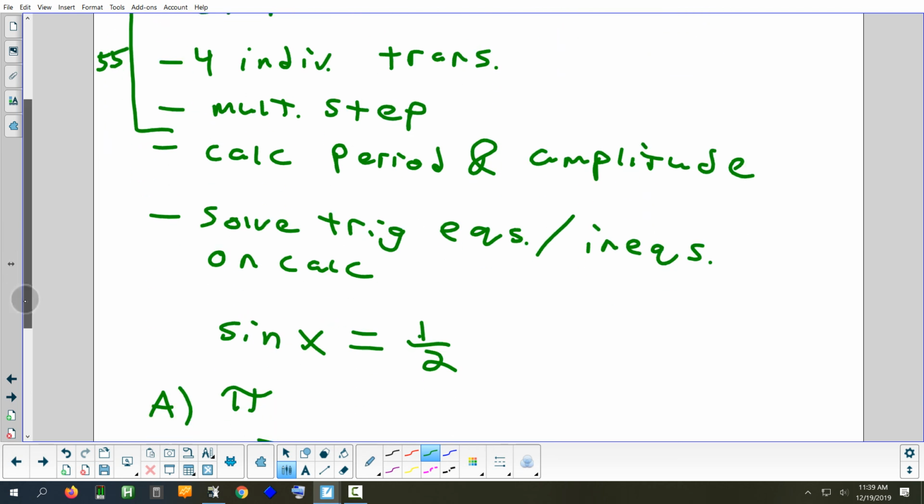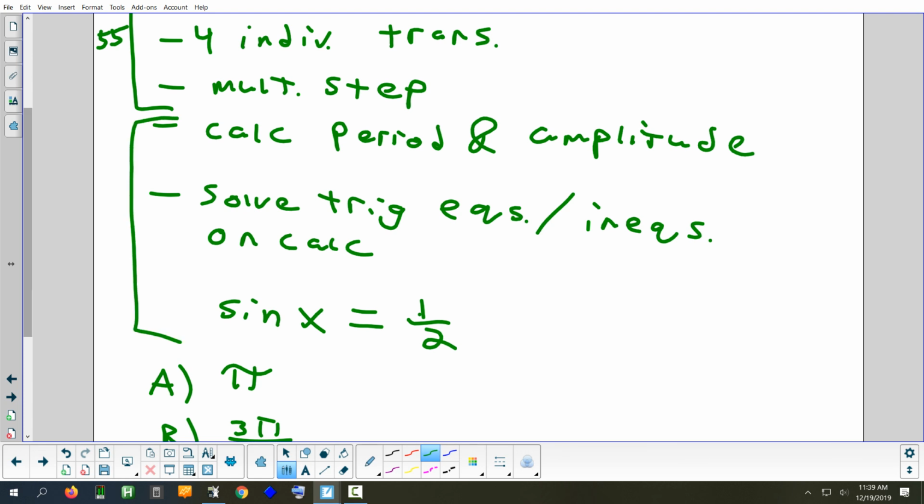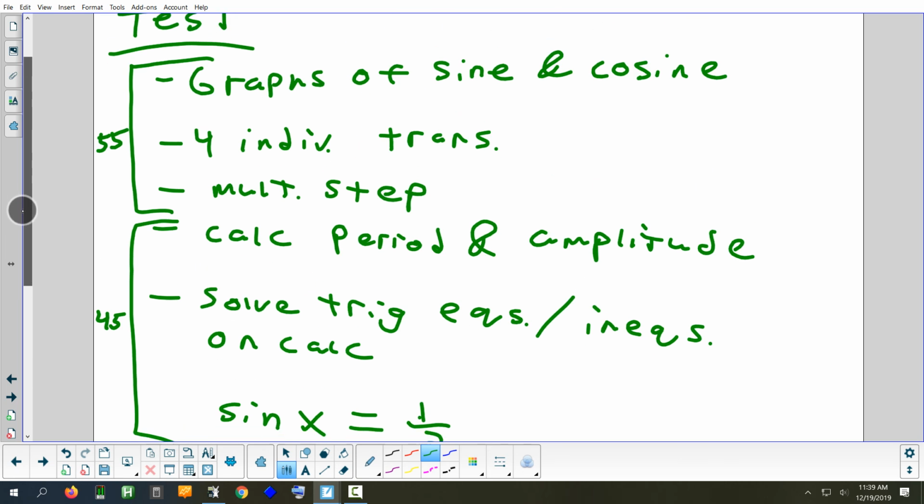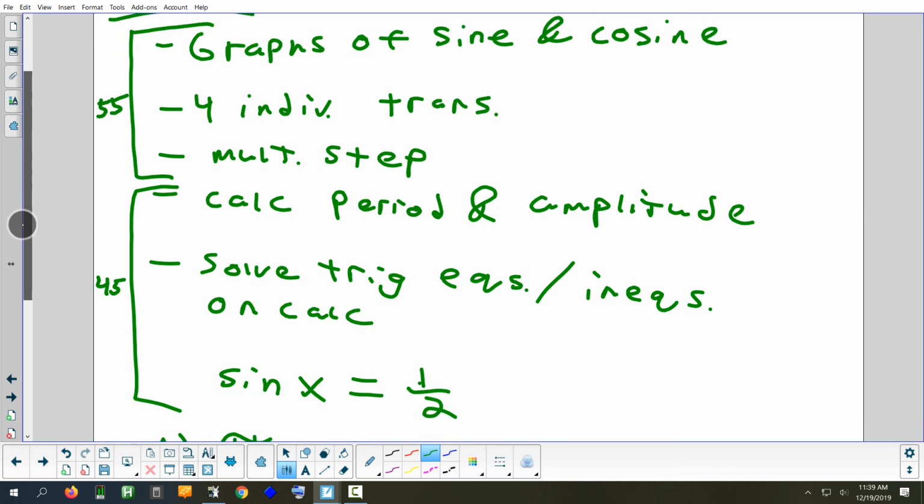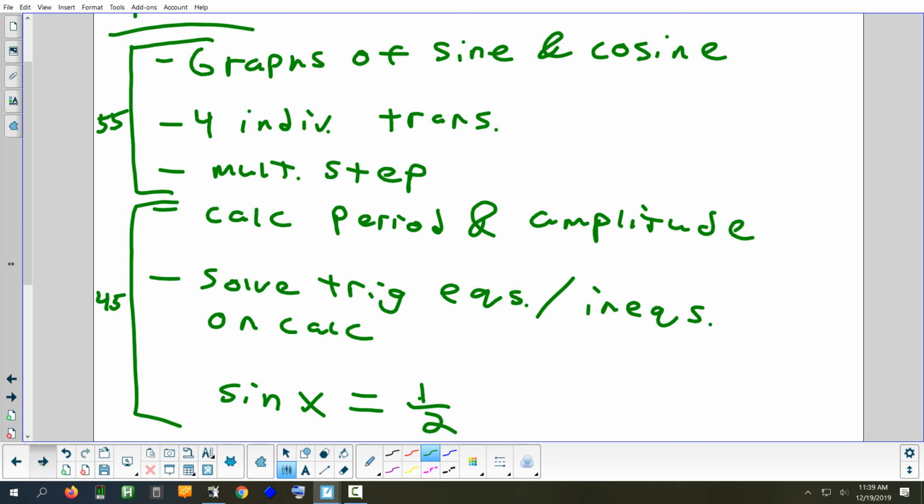And then this part, I think there are 9 questions. If I make each one of those worth 5 points, 9 times 5 is 45. Are we allowed to have a reference sheet? Yes, you can have a reference sheet. Okay, so that's everything that's on the test.